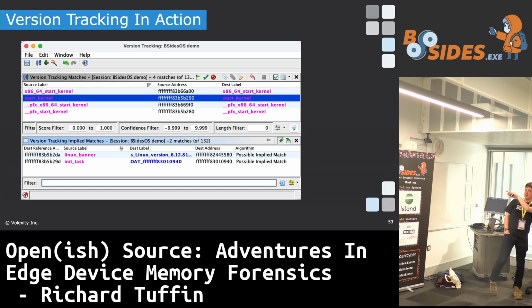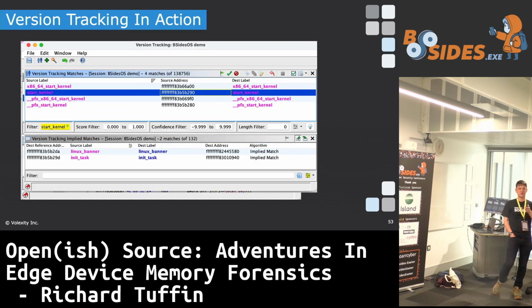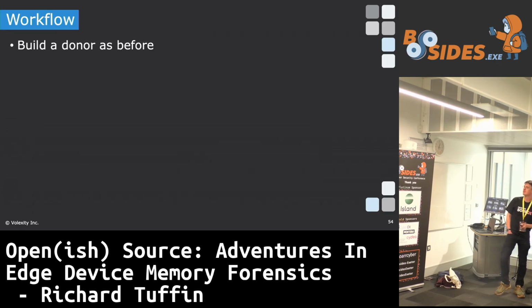You can see it's found those two data symbols we want, and the source is filled in, but the right-hand side isn't. If I press a couple of buttons, I can fill it in on the right-hand side. And I do that about 60 times, depending on how many functions and how many plugins you want to run, and you're there.